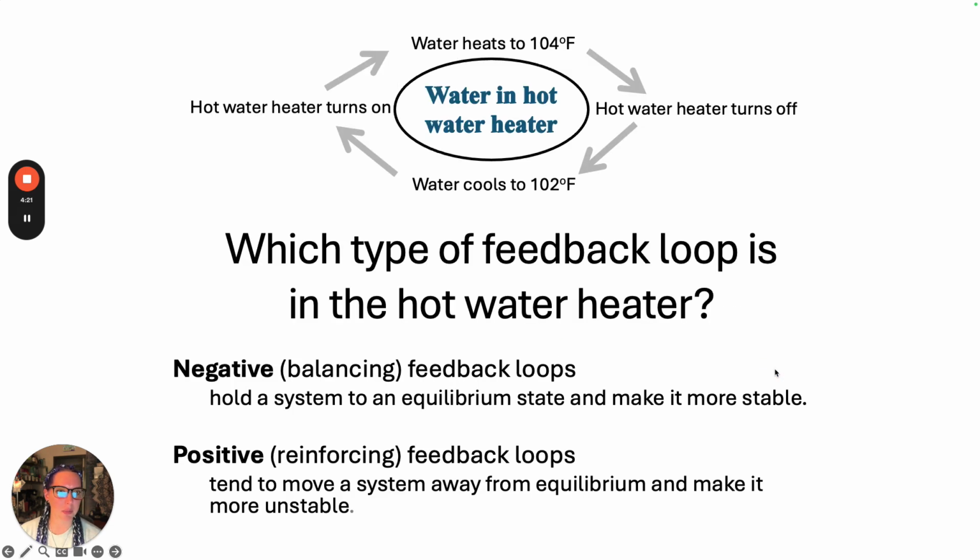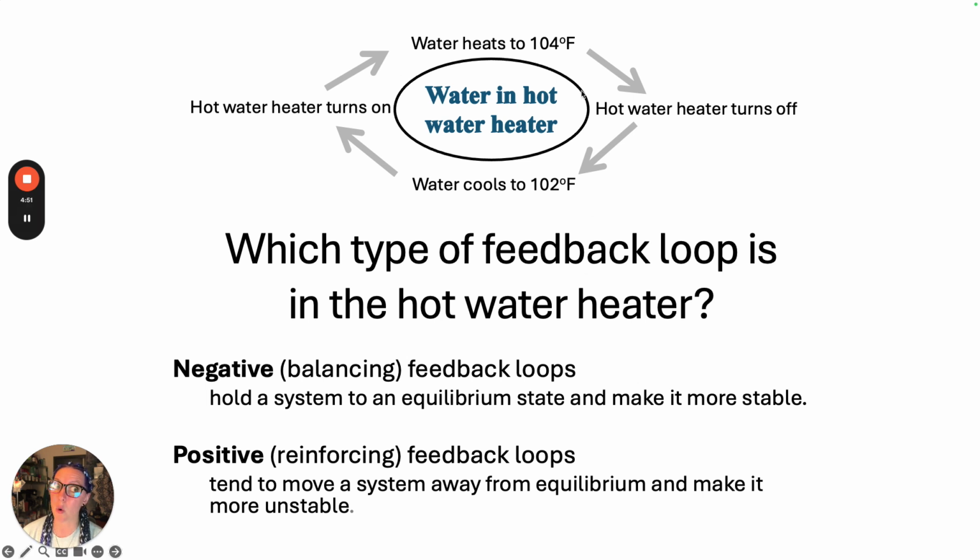So similarly, which type of feedback loop do you think the hot water heater would be in our discussion of the bathtub situation before? So you have this hot water heater, the water heats to 104, the water heater turns off, water cools to 102, it turns on, etc., etc. So this again would be an example of, of course, a negative feedback loop.